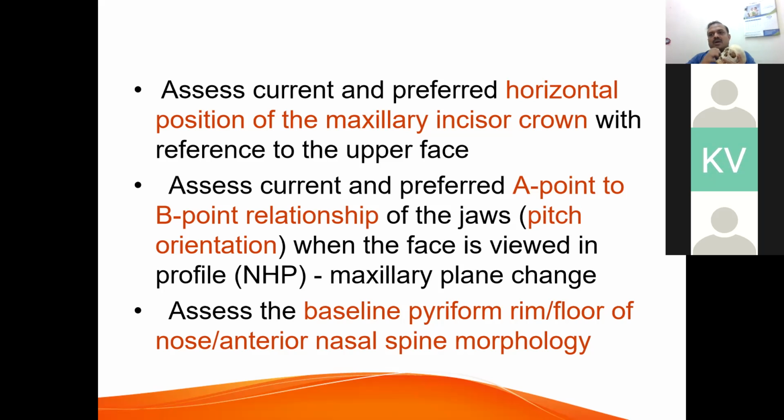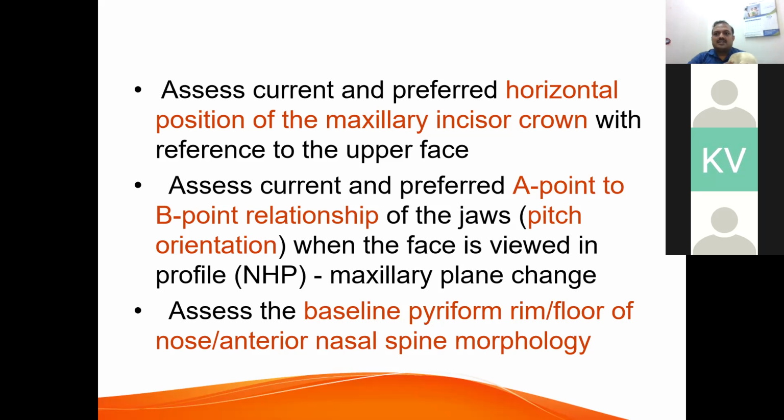We cannot do a complete advancement or a setback of the mandible. When both maxilla and mandible have to be addressed, then it needs an anterior-posterior rotation of the maxilla. How are we going to alter the point A and point B relationship?